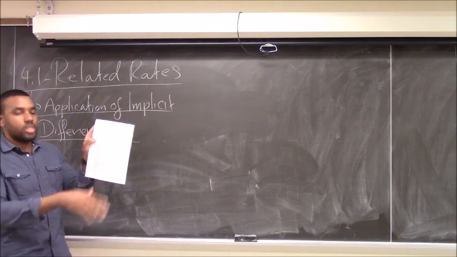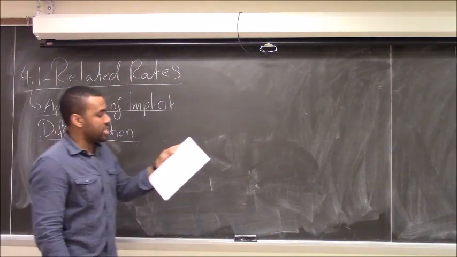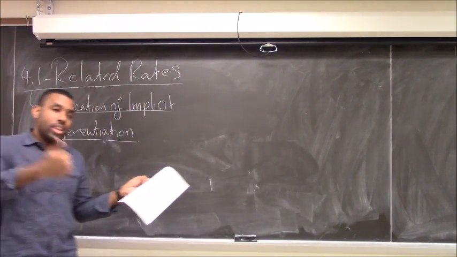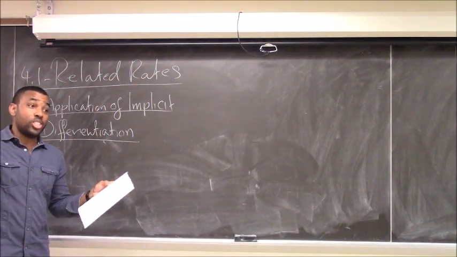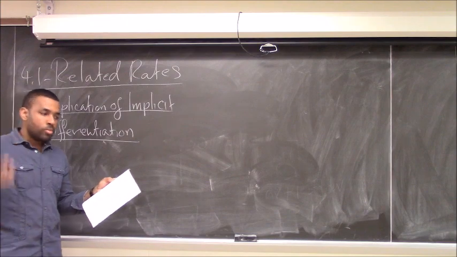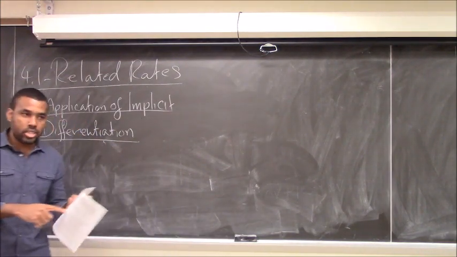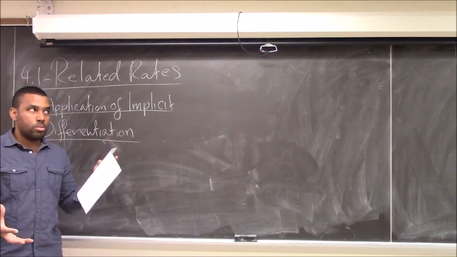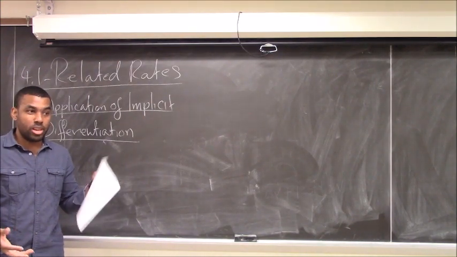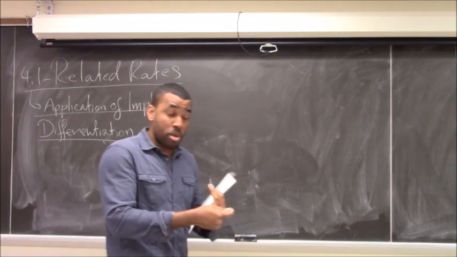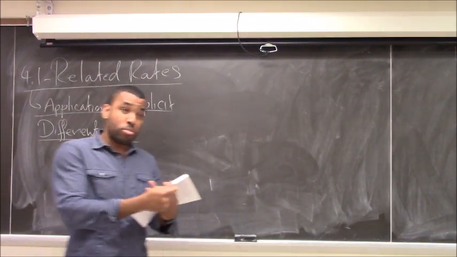I'll just read through the steps, because there are a lot of words here and I don't want to write them down. The first thing is to read the problem carefully. Not only do you want to read the problem to figure out it's a related rates problem, because when the final comes around, and even on the third test, there are several situations in which a word problem can come. I'll give you a word problem for exponential growth and decay, one for related rates, and one for optimization.